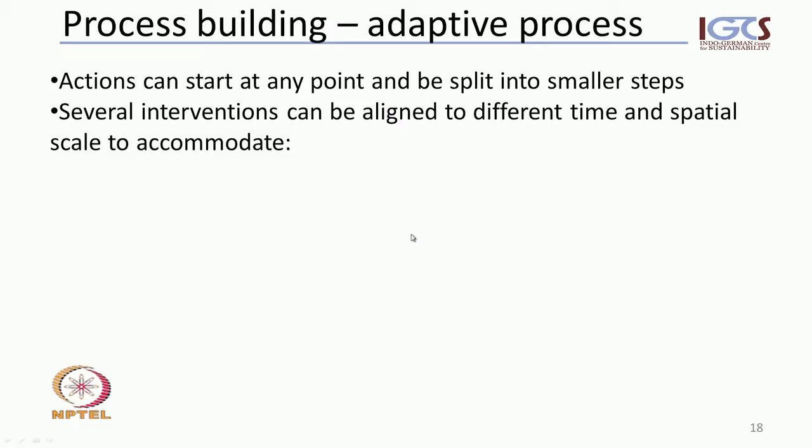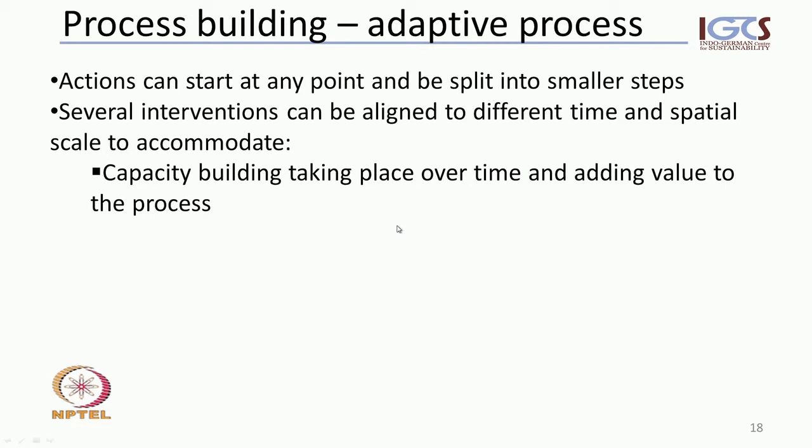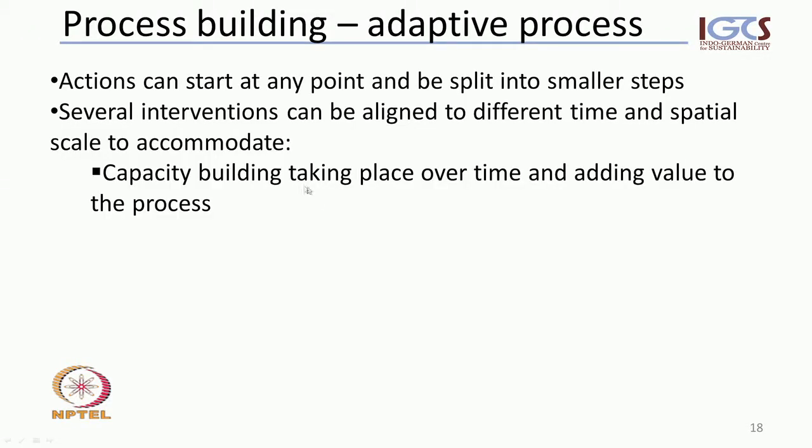There are several interventions that can be aligned to different time and spatial scales to accommodate, for instance, capacity building that will take time. People have to be trained, they have to learn new techniques, which will take years for them to achieve a final degree, for instance, and to bring their capacity and knowledge into the active working environment.